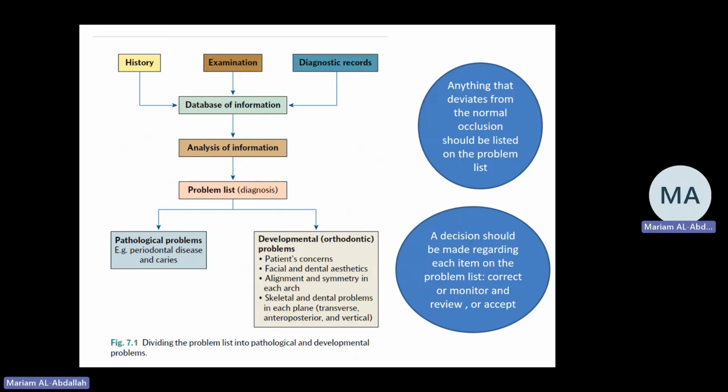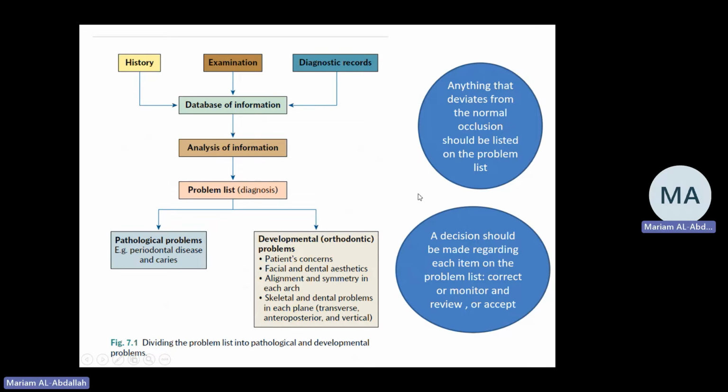The pathologic problems include caries, calculus, plaque accumulation, periodontal problems, broken restorations, a tooth with poor prognosis, gingival recession, etc. So everything that is not related to the occlusion. Okay. And then after that, we come to our developmental problems, which is the orthodontic problems. So anything that deviates from the normal should be on my problem list.